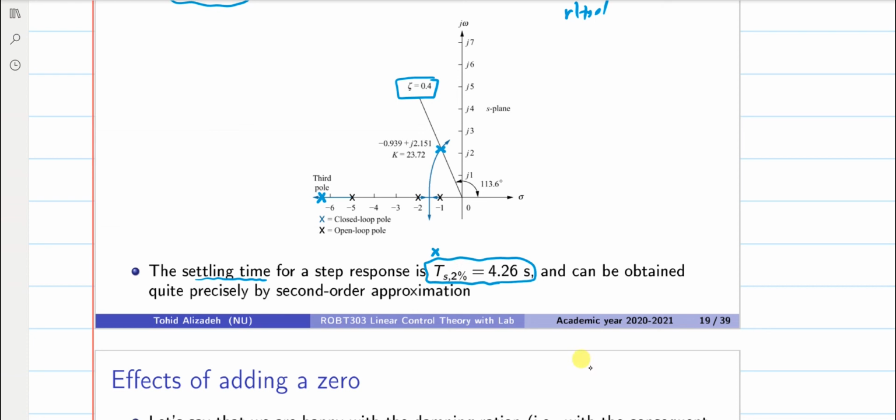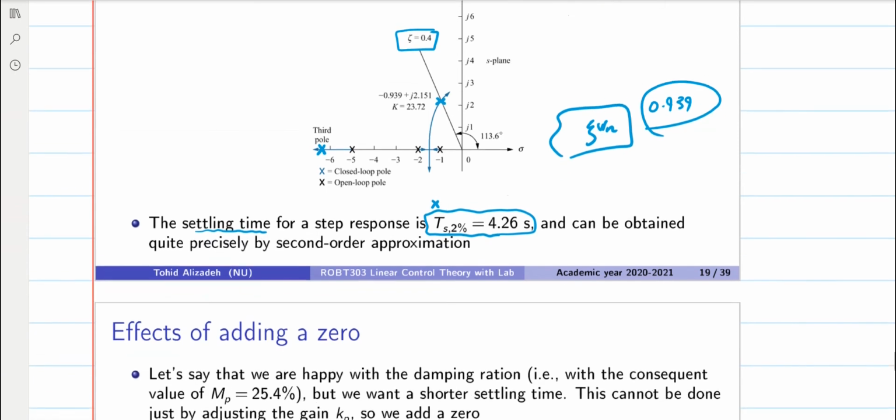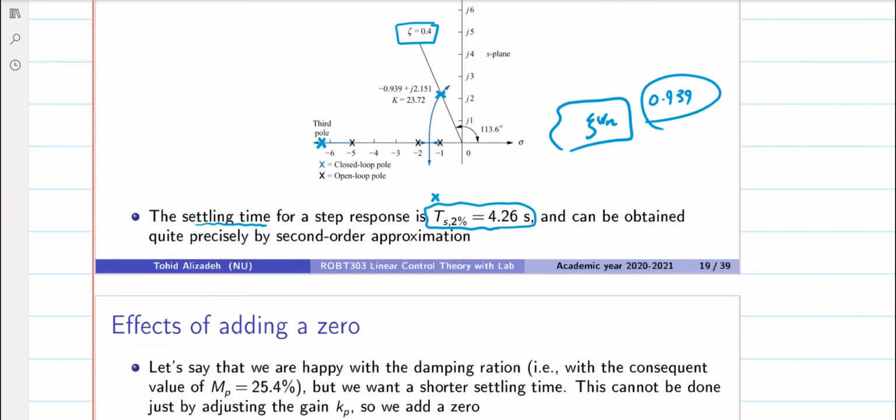You can obtain the value for zeta omega n. It's already given over there, 0.939. And then you can apply the formula that we have for the underdamped second order system.